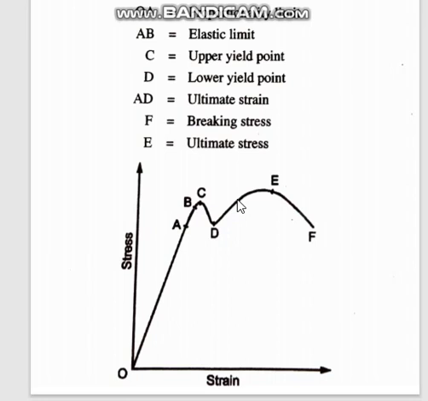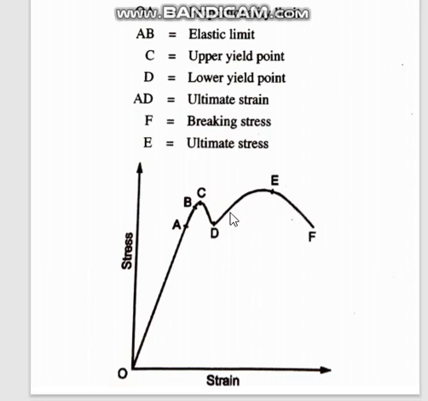Your computer would not have been so quick to find out the stress there. So there is a sudden fall here, and that's why there are 2 points here, upper yield point and lower yield point.